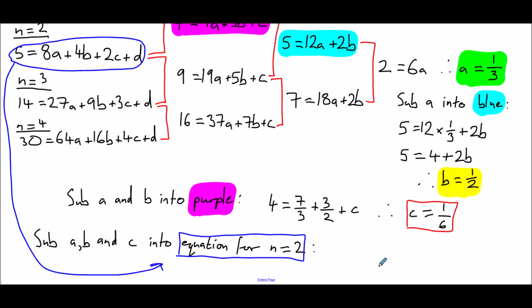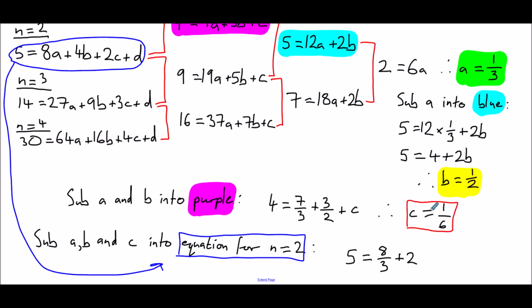So that equation, we get 5 equals 8a. So if a is a third, 8a is 8/3. Plus 4 lots of b. Well, if b is a half, 4b is going to be 2. We worked out what c is.